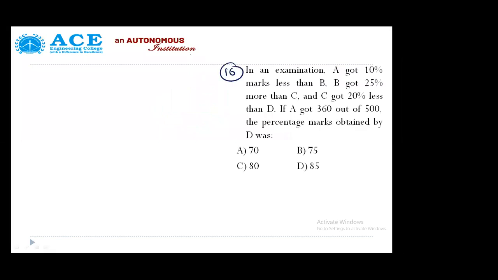Now let's focus on this question. A got 10% marks less than B. B got 25% more than C. And C got 20% less than D. A got 10% marks less than B means A is nothing but 90% of B. B got 25% more than C means B is 125% of C. C got 20% less than D means C is 80% of D. So guys, I hope you got the clarity with this.